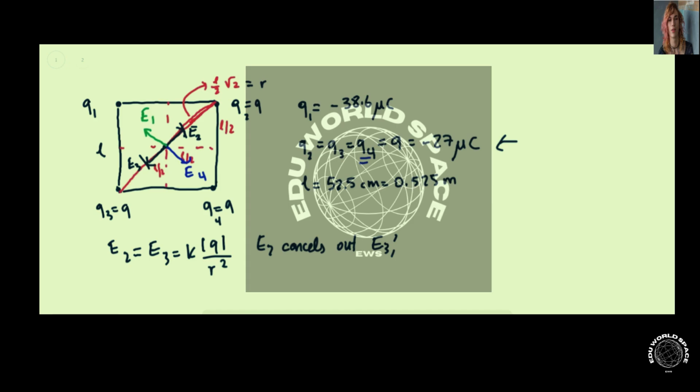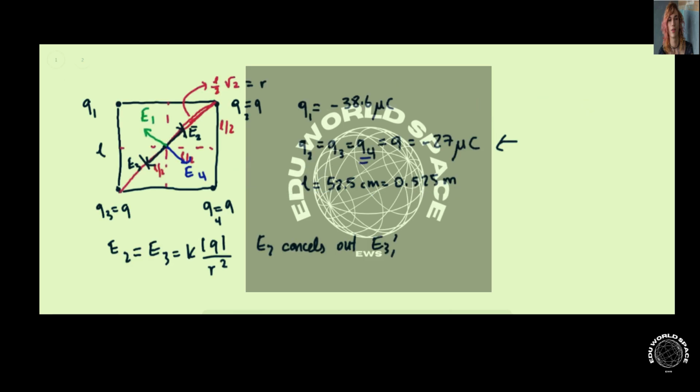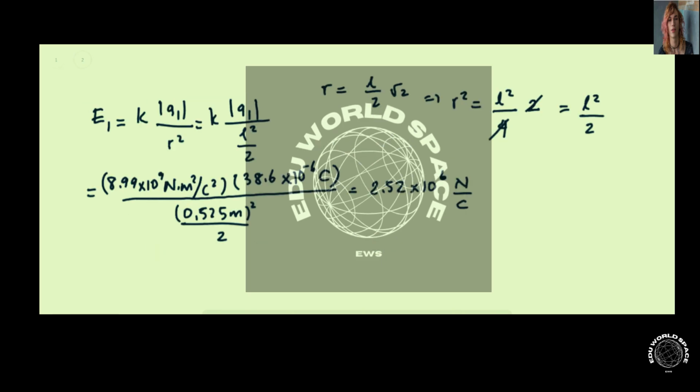It was 0.525 meters, squared and divided by 2. So then we're going to see that our E1 equals 2.52 times 10 to the power 6 newtons per coulomb. Let's calculate the magnitude of E4 the same way.